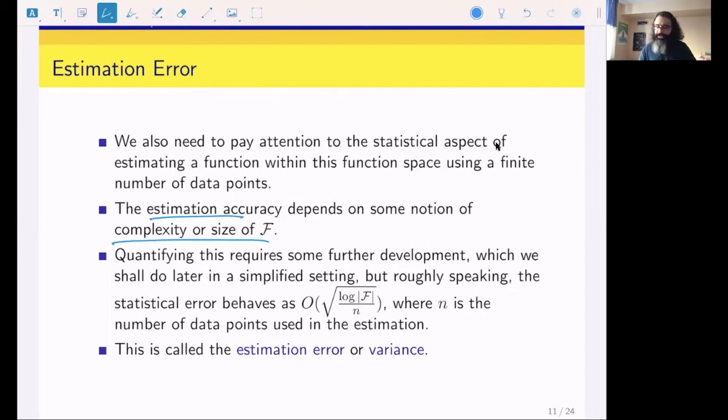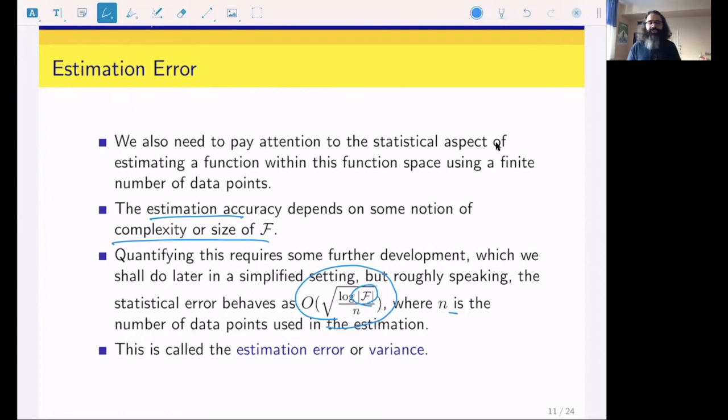But very roughly speaking, the behavior of this error would be order of square root of log of f divided by n. And n is the number of data points, and log of size of f is the number of functions that we have in that function space. So this requires a little bit more work to be precise, but this is the general behavior of this estimation error.